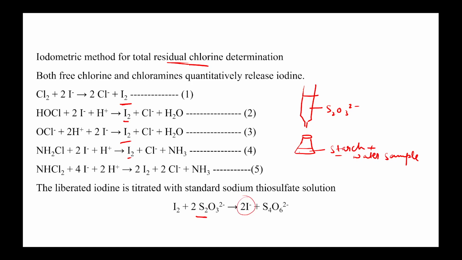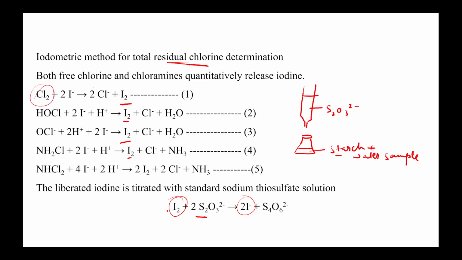Now when you add starch to iodine, what happens? It gives a blue-black color. It's a very common reaction. Starch and iodine give a blue-black color, which is used in multiple reactions. So in this case also, the amount of sodium thiosulfate that is added to the sample to see the blue-black color appearing due to the iodine and starch reaction will directly correspond to the amount of iodine present, and that amount of iodine will directly correspond to the amount of chlorine present.